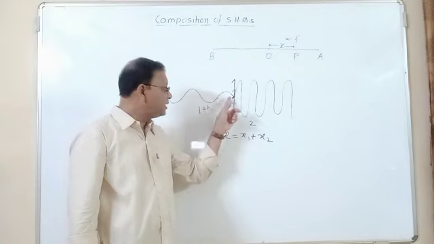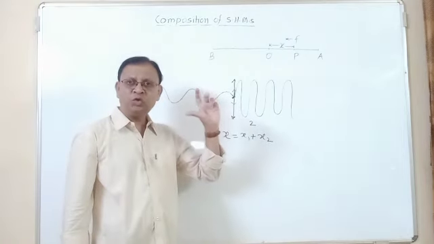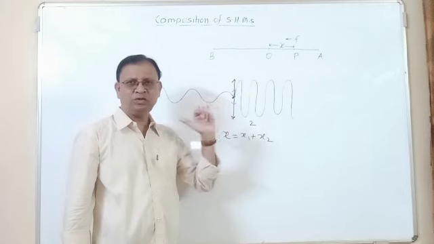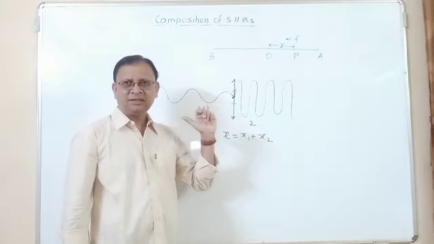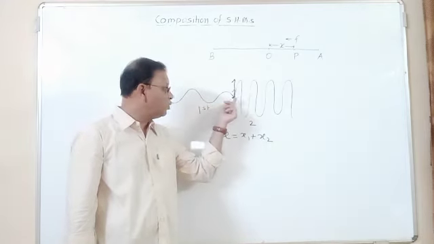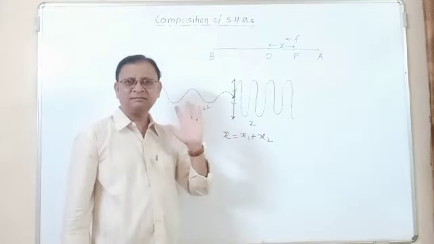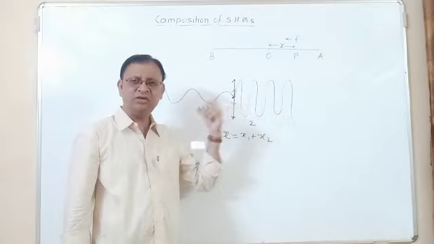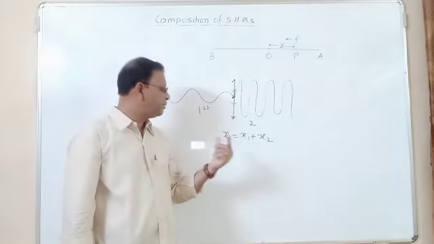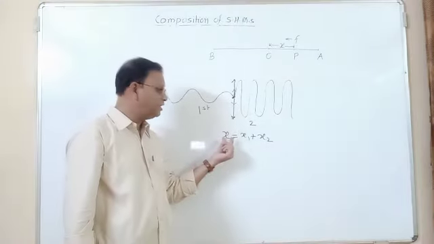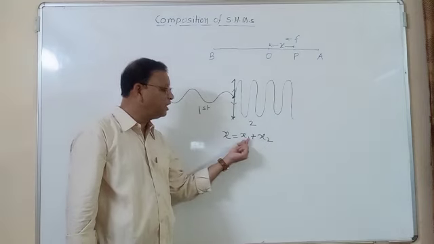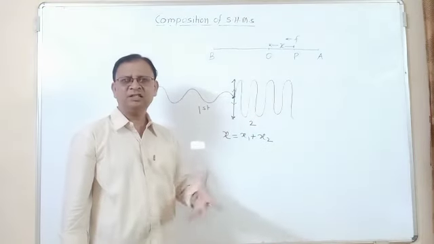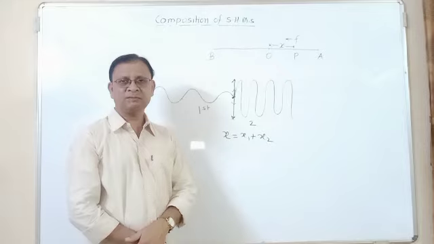So whenever the single particle is subjected to two waves, each wave produces its own displacement at that point according to the characteristics of these waves. Then the resultant displacement at that particle is the vector sum of the displacement due to two waves. This is the principle of superposition of waves.